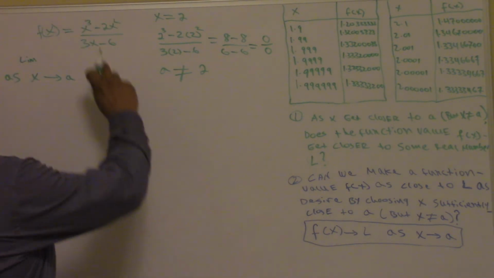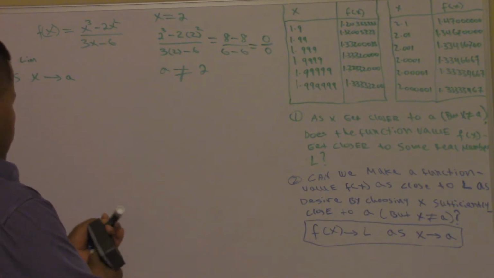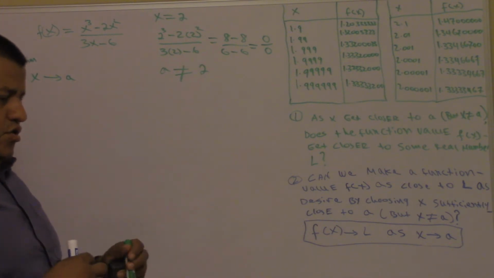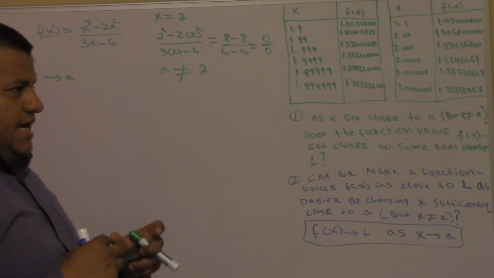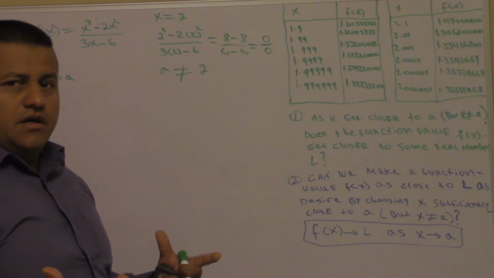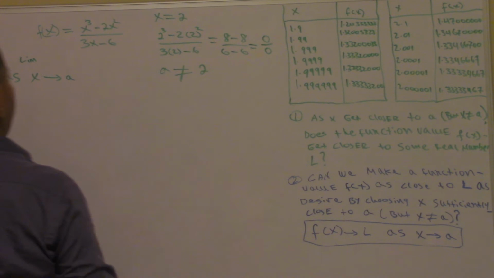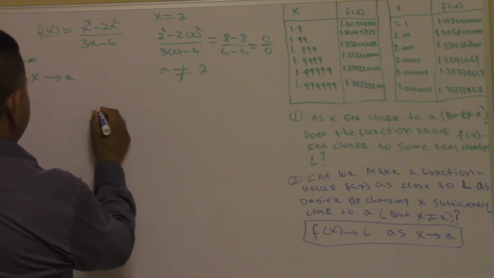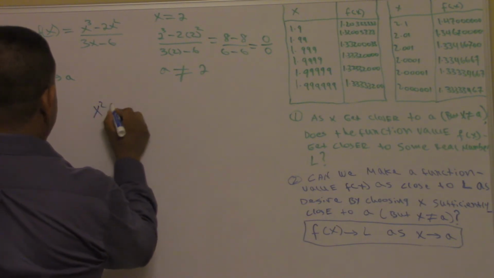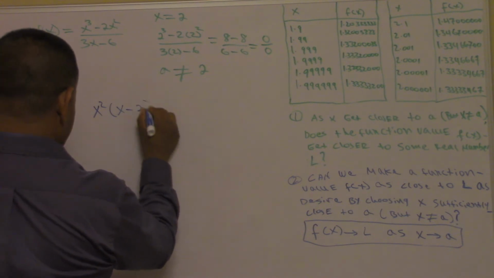Well, what can I do in this function to make it more explicit, so I can evaluate it to a certain value? What can I do? Okay, let's factor out on the top. Let's factor out x squared, and then inside I get x minus 2.